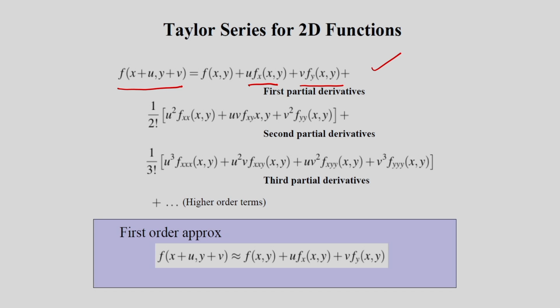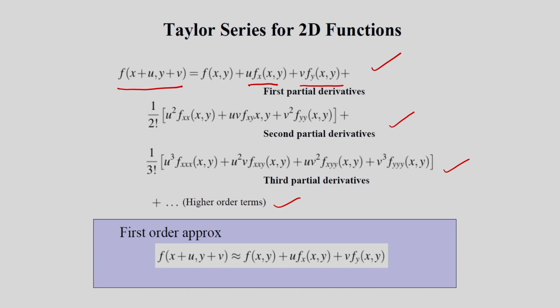After this, I have the second order partial derivatives, the third order partial derivatives, and the higher order terms of the Taylor series expansion. I can approximate this by neglecting the second order derivative and all the higher order derivatives.